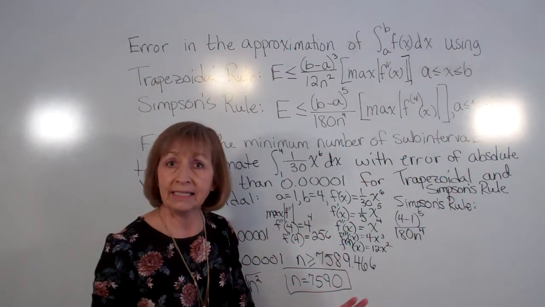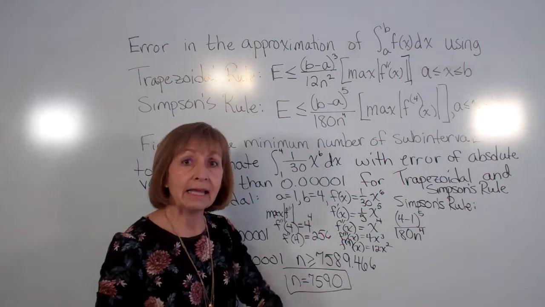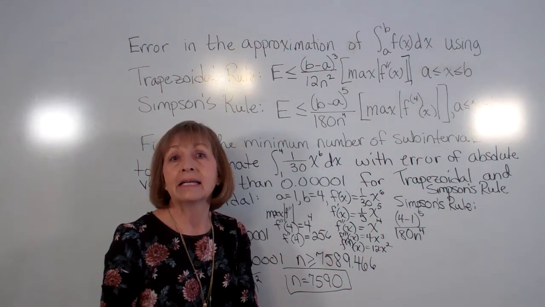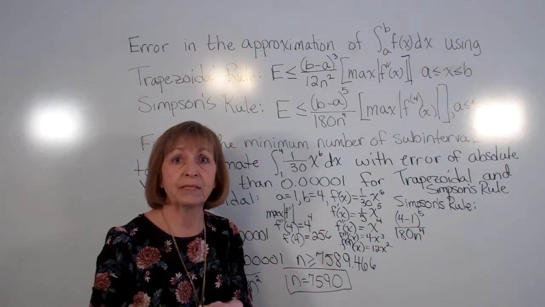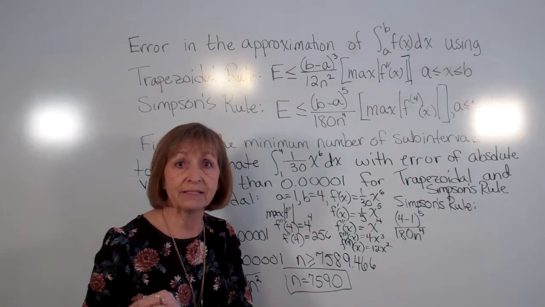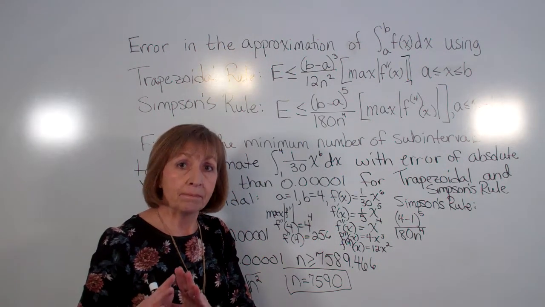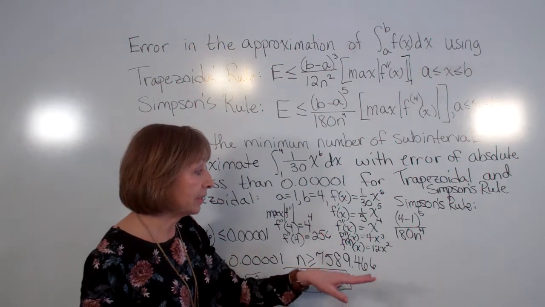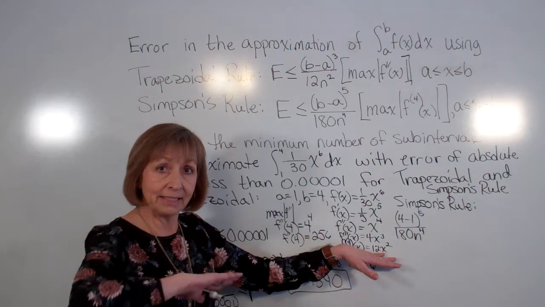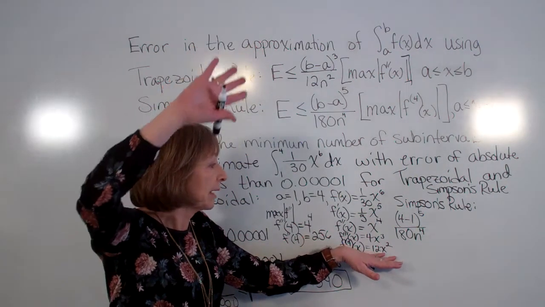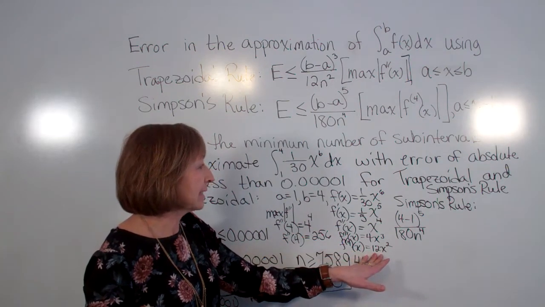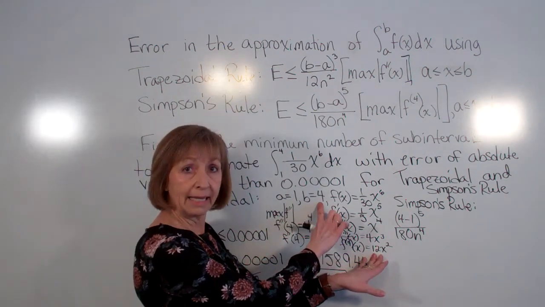Now, if it were a function that would curve throughout, you would want to apply the extreme value theorem in the side work to figure out the maximum value of the absolute value of your 4th derivative. Here, since it's always increasing positively, our highest value for the absolute value will be at the right endpoint.